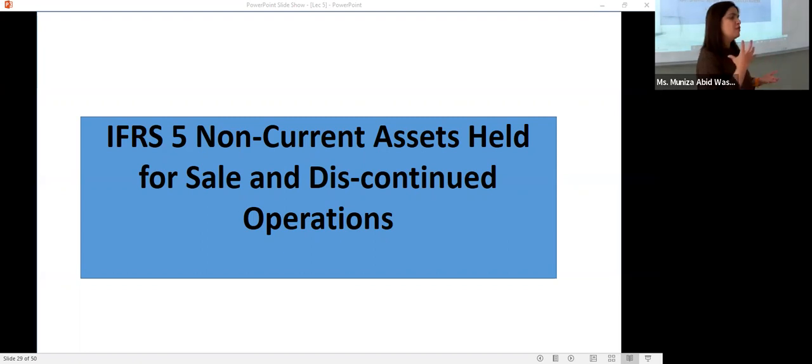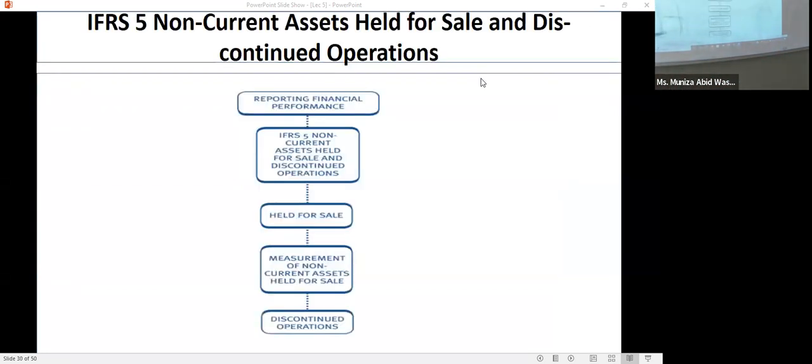On the face of the profit or loss, we are going to show the results of the discontinued operations as a one-line item separately. So you are going to show the profit or loss for the year for the continued operations. Then you are going to write one more line item, profit or loss for the discontinued operations. You are going to add them both, and the final result, total profit or loss for the year, is going to be written.